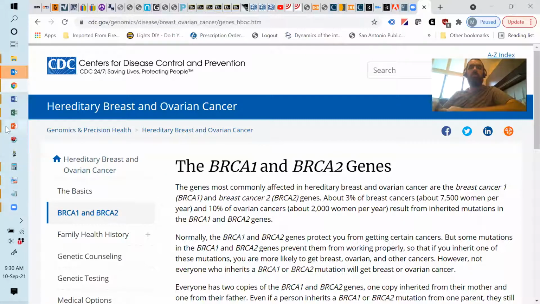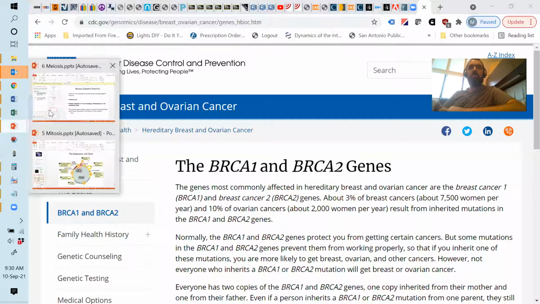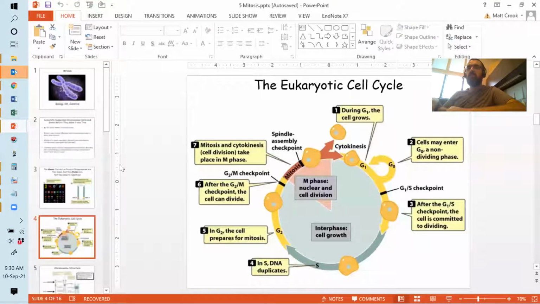So if you have, and there are genetic tests that you can have done for this, particularly if you have a familial history of breast cancer, non-functioning copies of both of those, then your risk for breast cancer, and this isn't a certainty, this is just probability if you look at a big enough population, is about 80 to 90%.